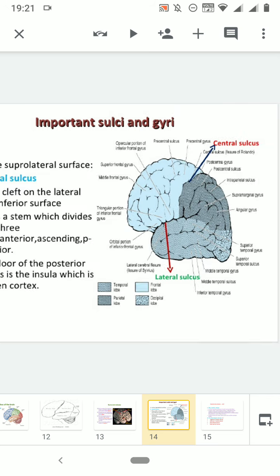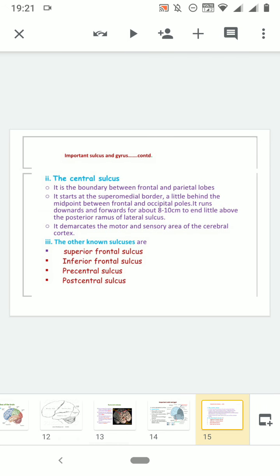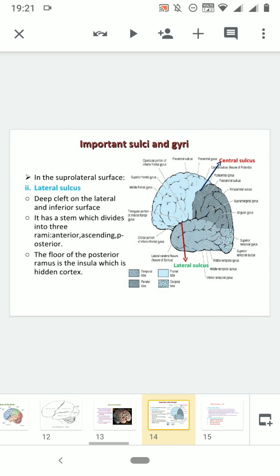The central sulcus is also called a limiting sulcus because it lies between the motor cortex, which lies anterior to it, and the sensory cortex, which lies posterior to it.